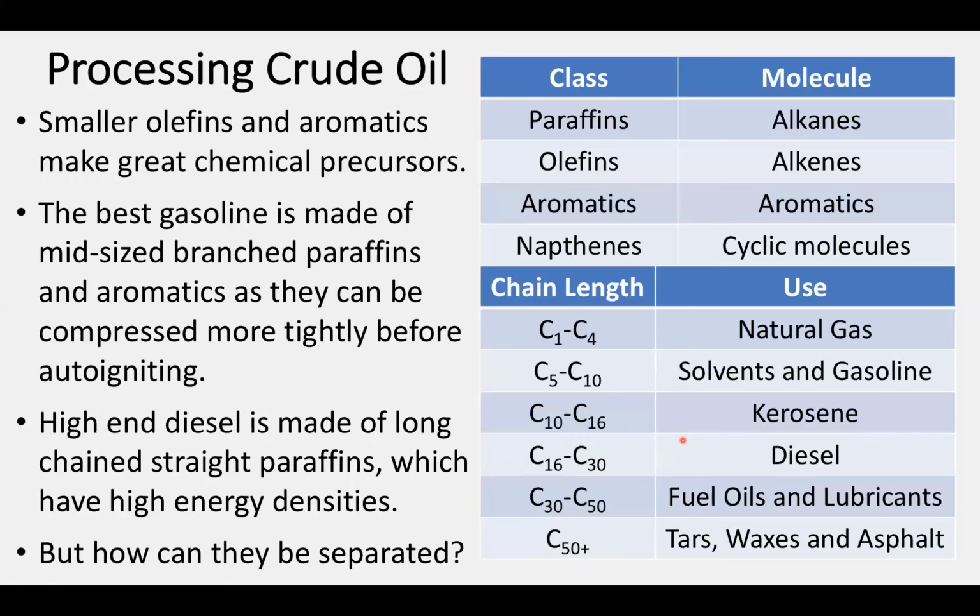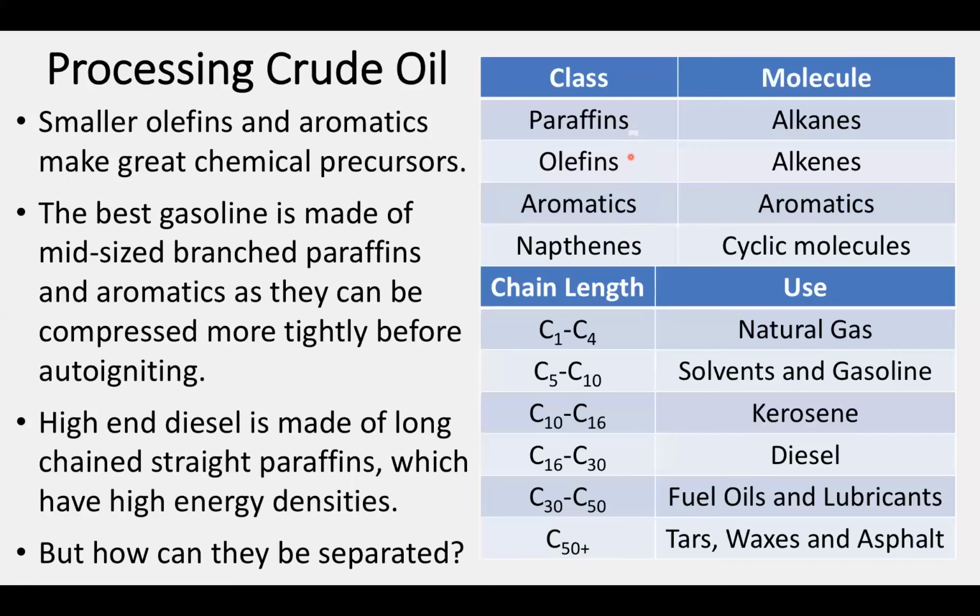And this leads me to the question of how can I best separate out all of these species? Well, not too surprisingly, especially when we look at chain length, these are all going to have very different boiling points. And again, their classes will also modify them. Paraffins will tend to have slightly lower boiling points for their pressure.